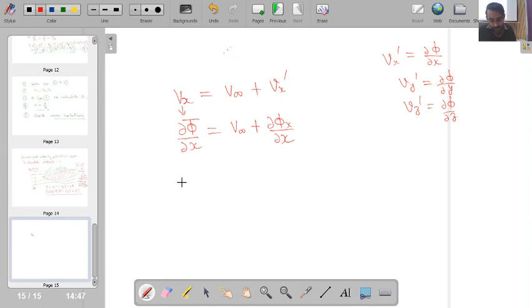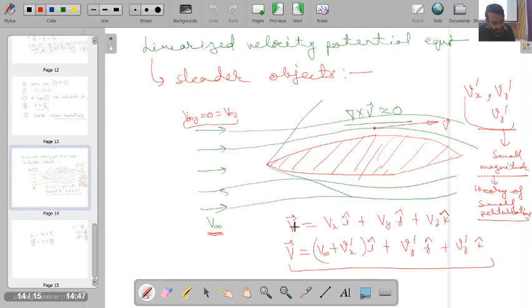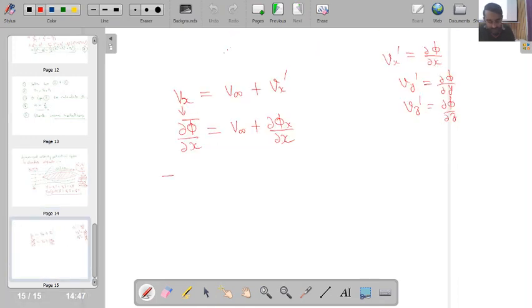Typically this velocity vector can be represented with the gradient of phi bar, and this will become V infinity plus Vx dash in i cap plus Vy dash in j cap plus Vz dash in k cap.